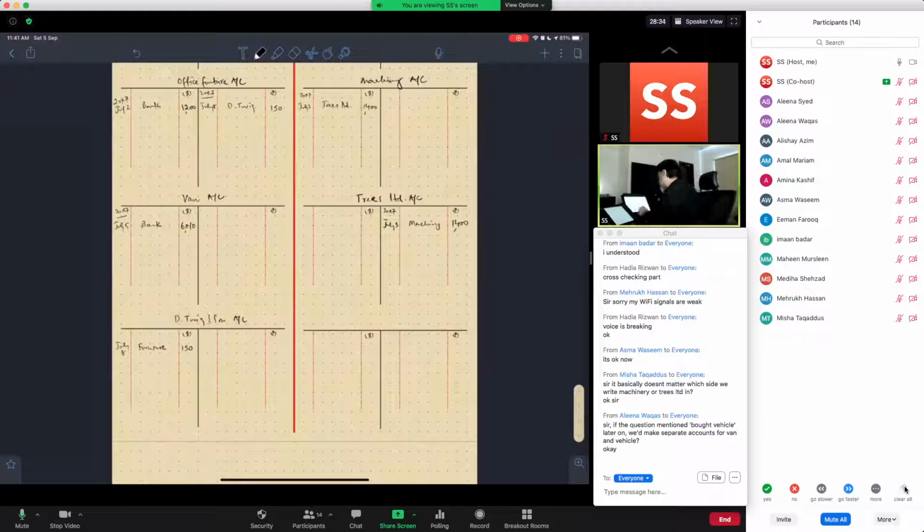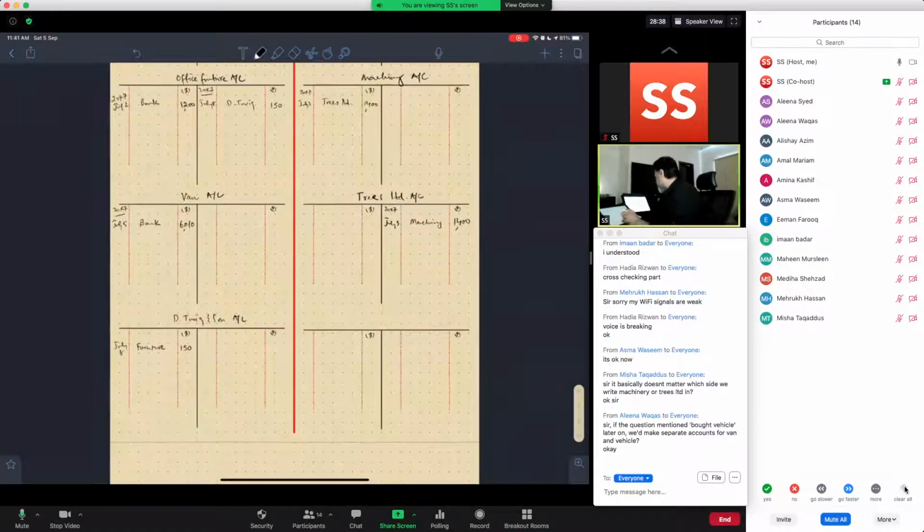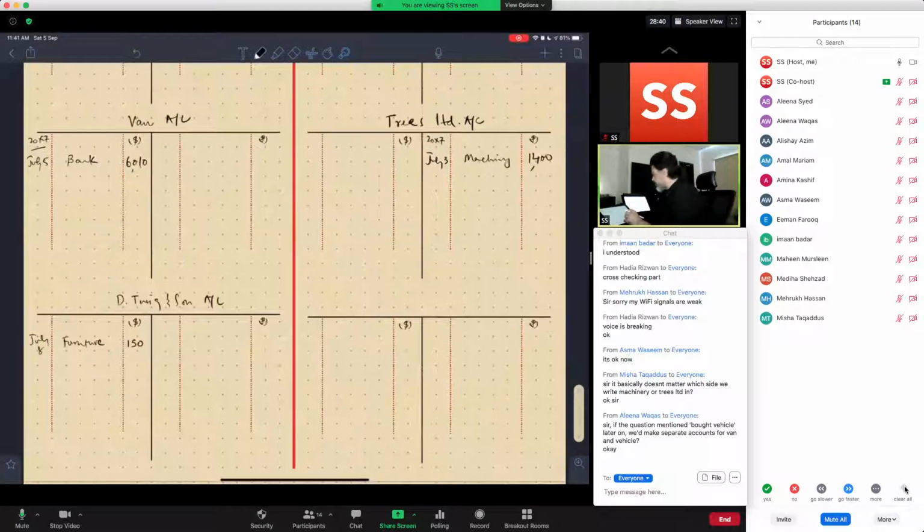Then we have the next transaction. The next transaction is paid the amount owing to Trees Limited for $1,400 by check. So first of all, we need to break it down into a debit component and a credit component. In this case, if you refer to your journal, you must have already entered that we debit Trees Limited account and we credit the bank account, right?